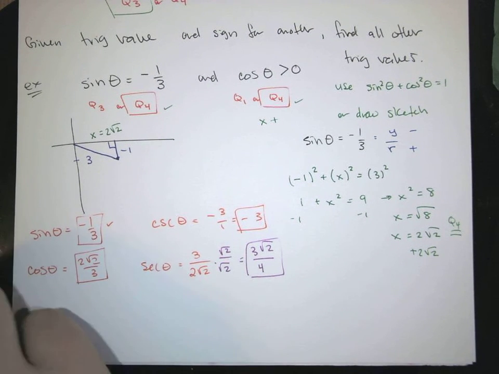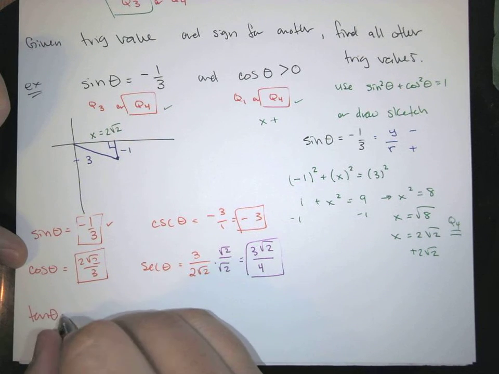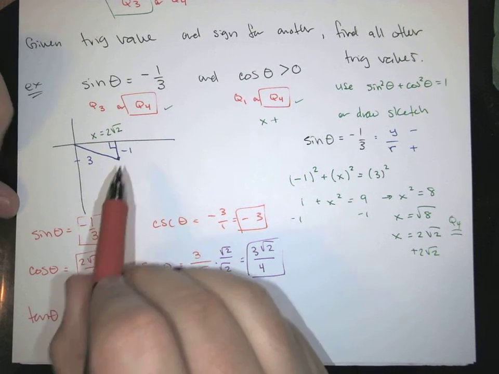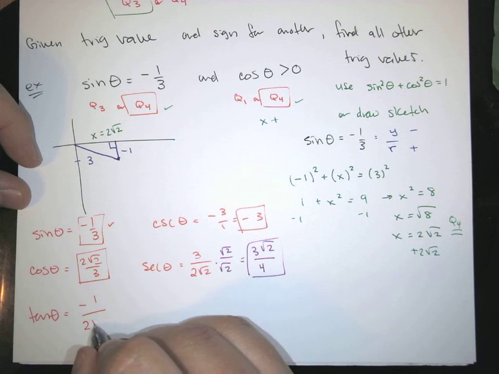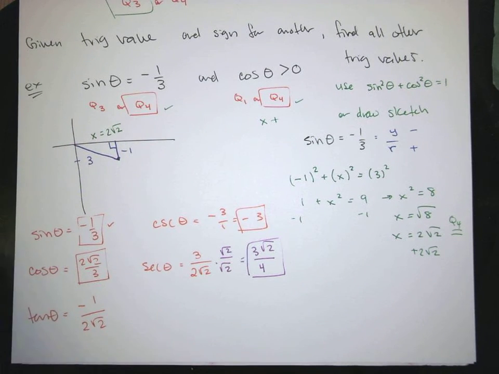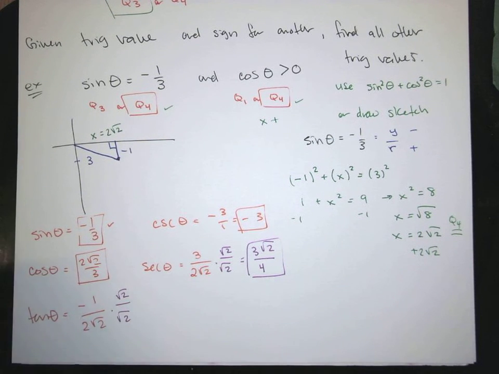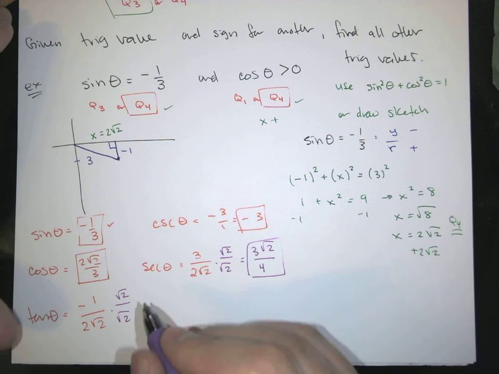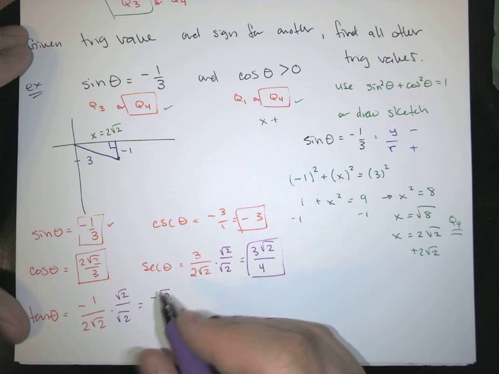Last but not least, tangent and cotangent. Tangent should be the y value over the x, the opposite over the adjacent. So negative 1 over 2√2. Rationalize again, like we just did: root times the root. It's slightly less interesting than I thought it was going to be.